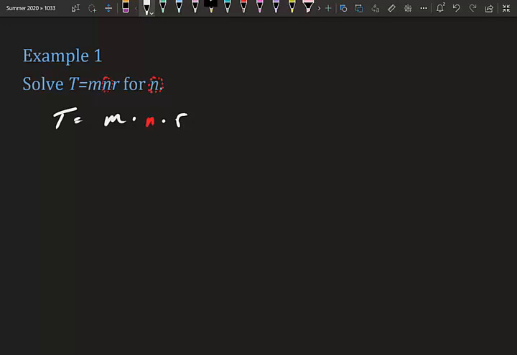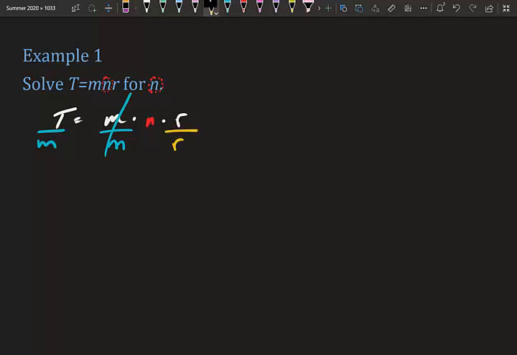So we need to get M away from N. We need to divide it out, right? Don't we divide because it's the opposite of multiplication? So we're going to divide by M. So that goes away. But we also have this R to worry about. So the opposite of multiplication is division.